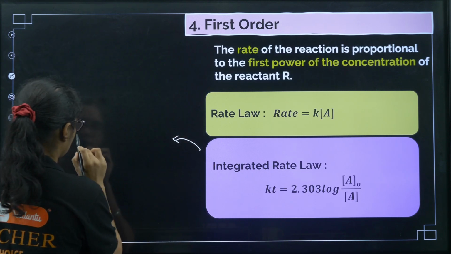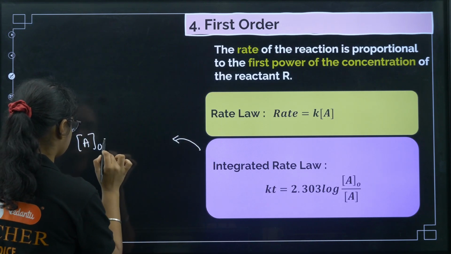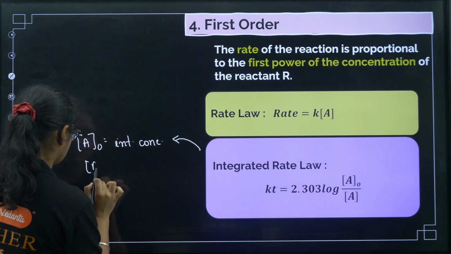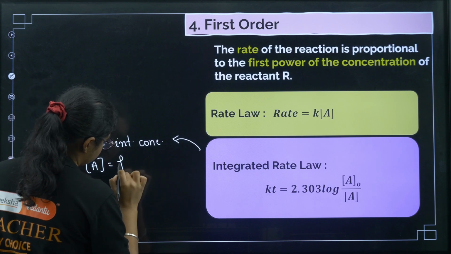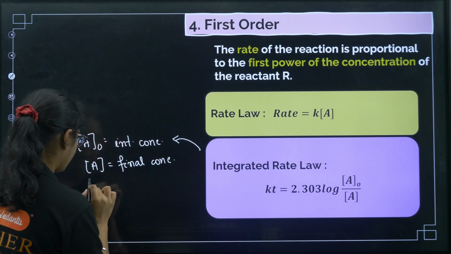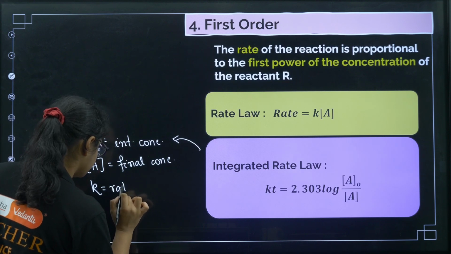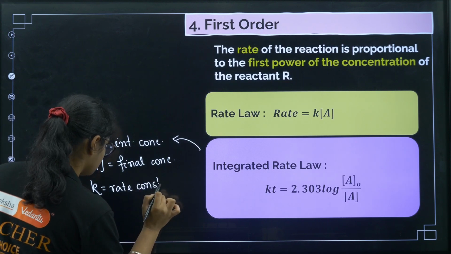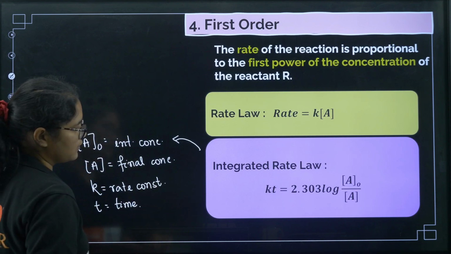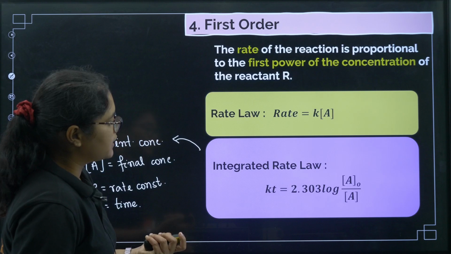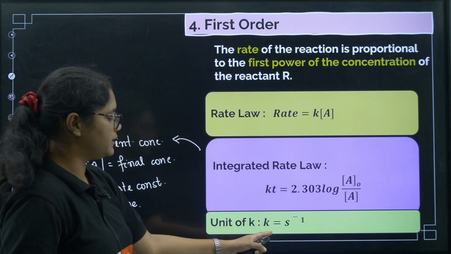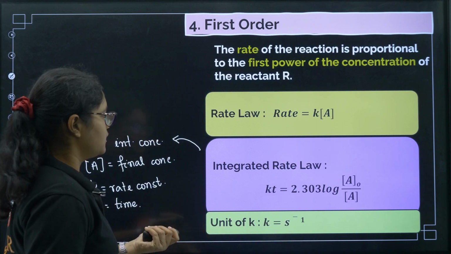A naught is equal to initial concentration, A is equal to final concentration, K is equal to rate constant, and T is equal to time. That is done. Now coming to the unit of K. So K unit is second inverse, okay, fine.